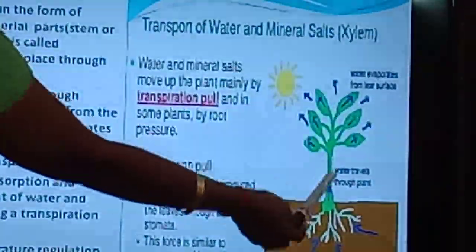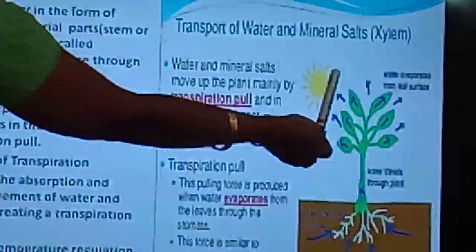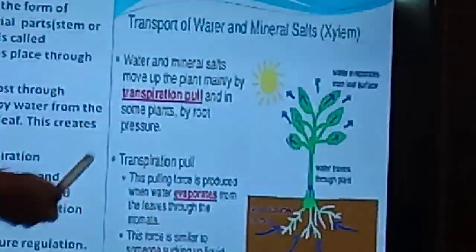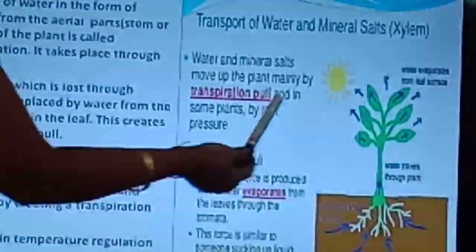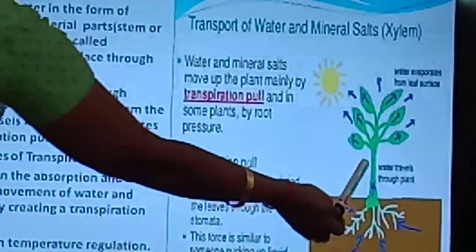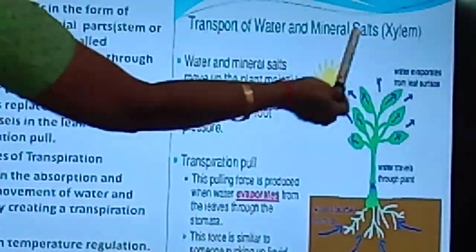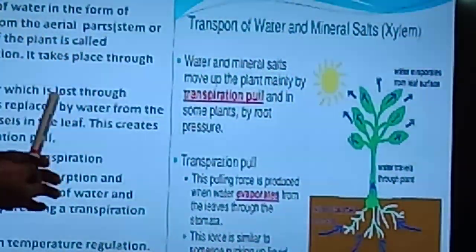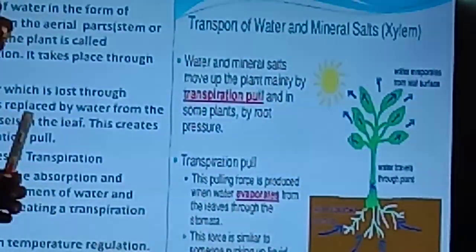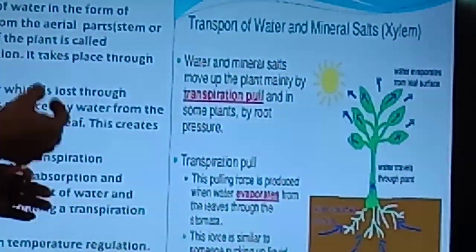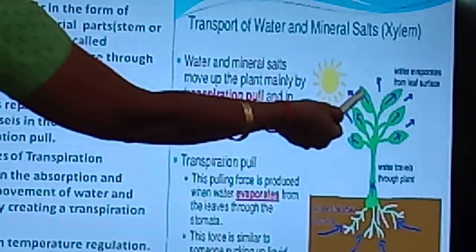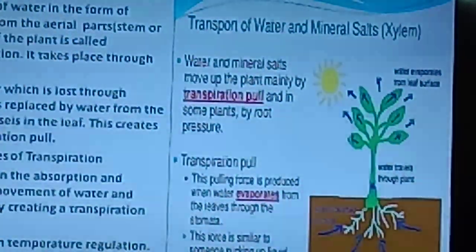Because what is happening? This pulling force is produced when water evaporates from the leaves through the stomata. That pulling force is giving some suction pressure here. The water is sucking up. In the same way as you drink from a bottle using a straw, the transpiration pull works in the same way.